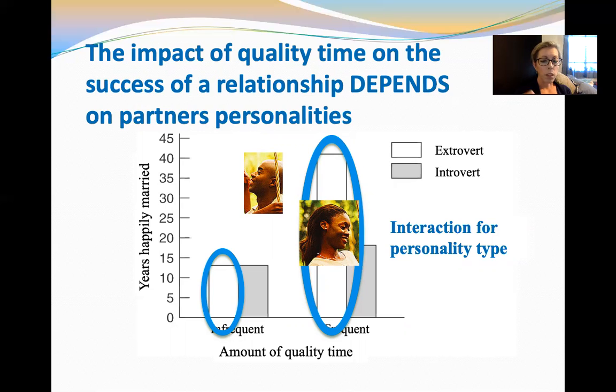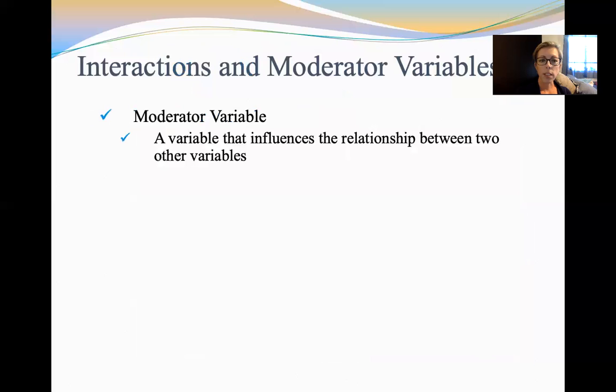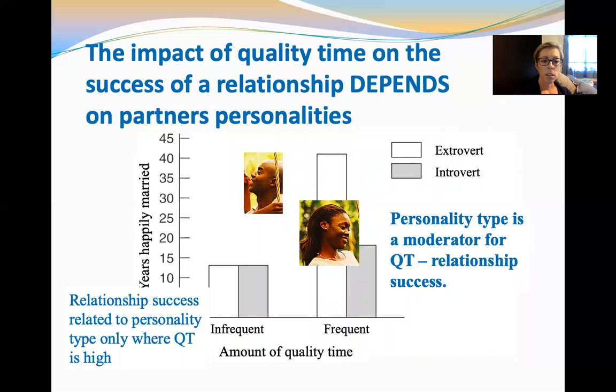So if you are spending more quality time with your partner, you're generally going to stay married longer, by this hypothetical. On the other hand, that quality time matters more if you are an extrovert than if you are an introvert. So that's an example of a moderation. So here, personality is a moderator for quality time.